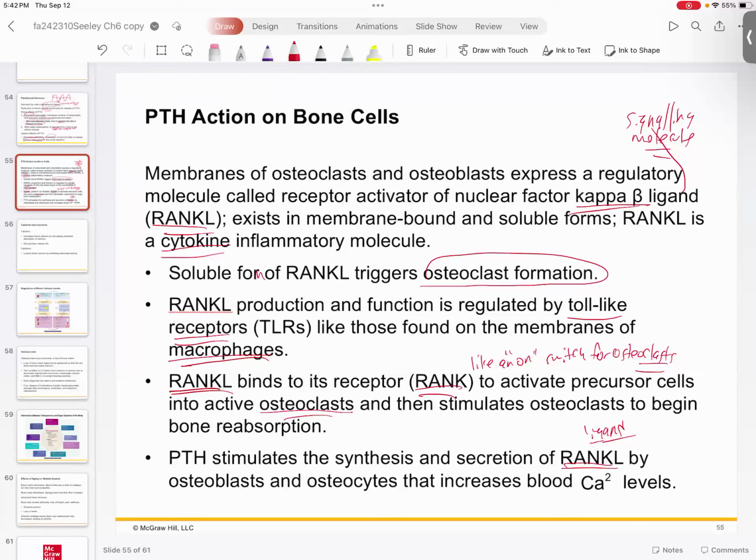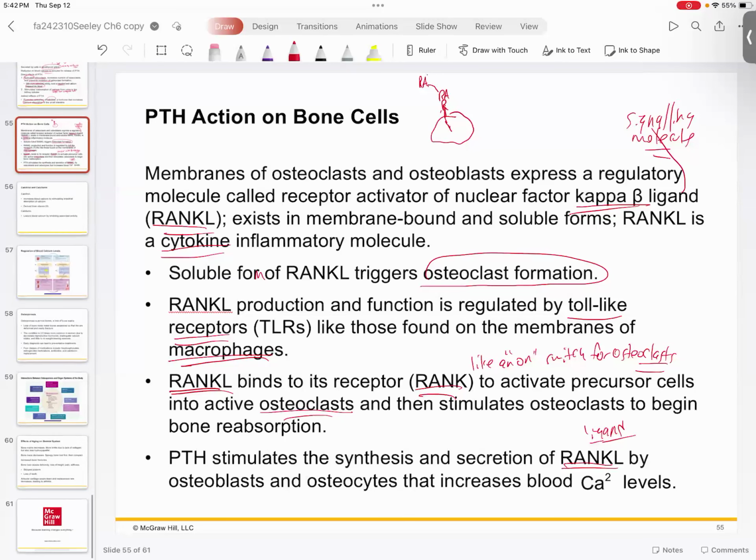So essentially what you have is a signaling strategy where you have, let's say, the RANK receptor, and you have the RANKL ligand, which will basically come in and bind to this, and that'll tell this cell to basically start making osteoclasts and tell these osteoclasts to turn on. And then the stimulation or the production of that message is driven by the parathyroid hormone.